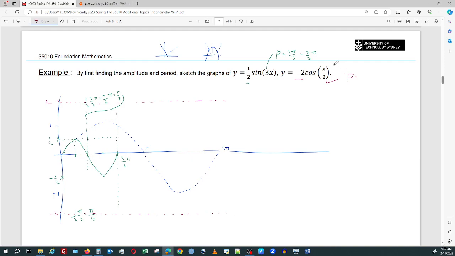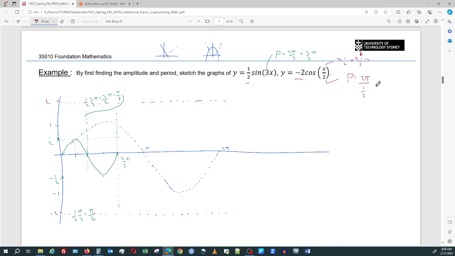So we've got, this can be written as x times a half or half x. Just remember your algebra. So this is b. So the period is 2 pi divided by b, and b is itself a half.